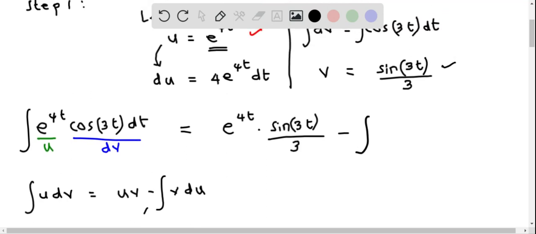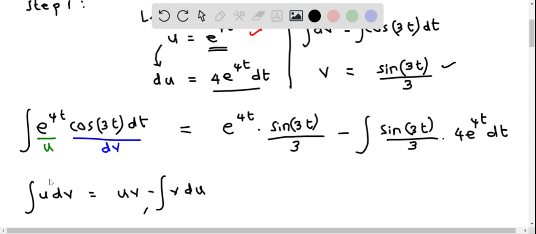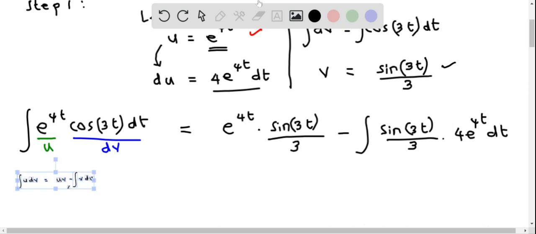So I substitute the v, which is sine of 3t over 3, times du, which is 4 e to the power of 4t dt. So let's get this simplified. Let me make this a little bit shorter to have some more space. This is basically the formula.